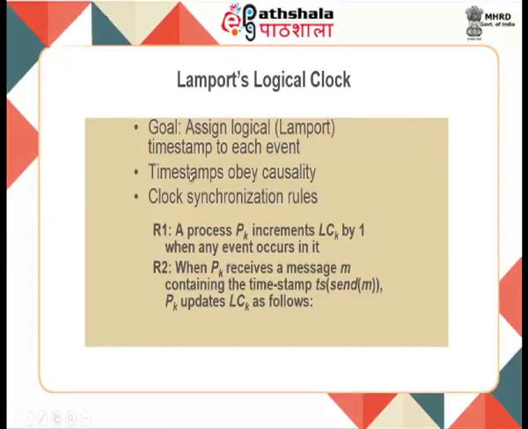And the second rule says if Pk receives a message and the message comes with a timestamp of the send event of the sending process, then Pk is supposed to update its own logical clock by this rule: maximum of its own clock and the timestamp, plus 1. So, this is the second rule. We are supposed to increment our clocks according to these two rules.